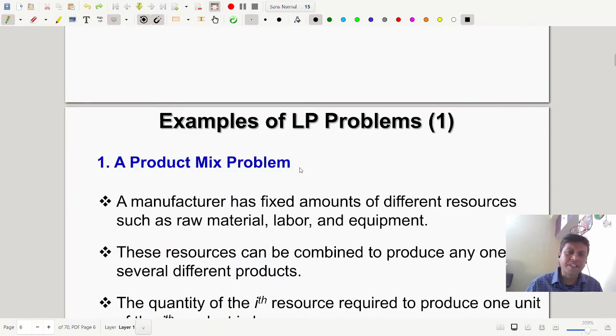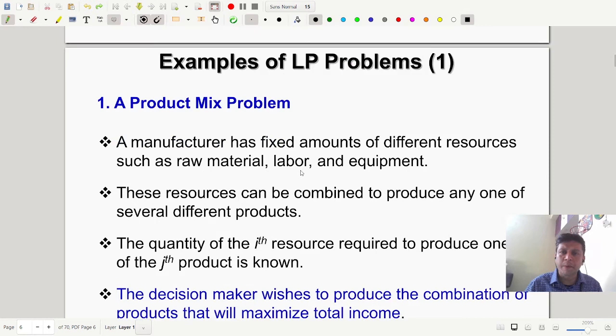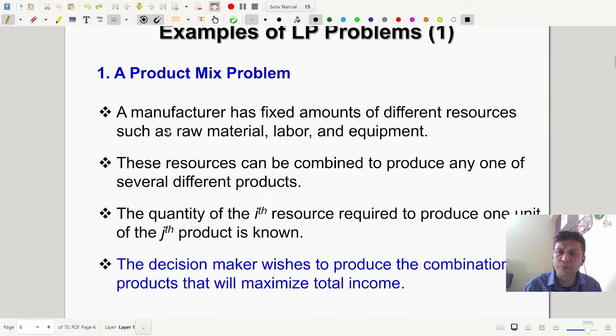Now let us have some examples. What is the use of LPP? What are the examples of LPP? First example, a product mix problem. A manufacturer has fixed amounts of different resources such as raw material, labor, and equipment.